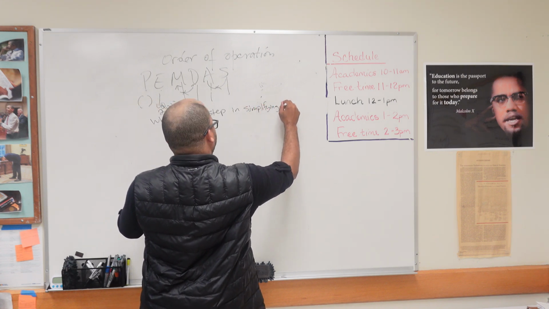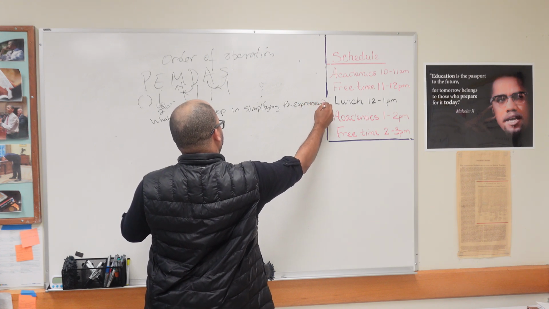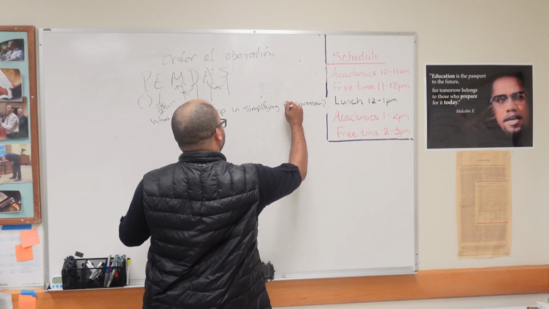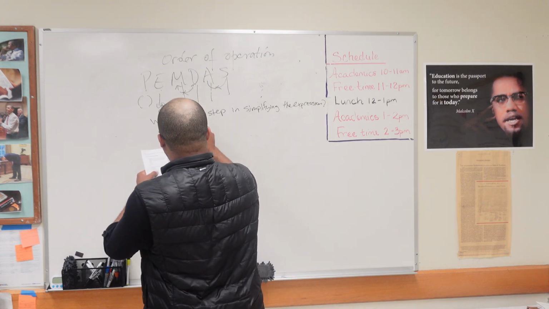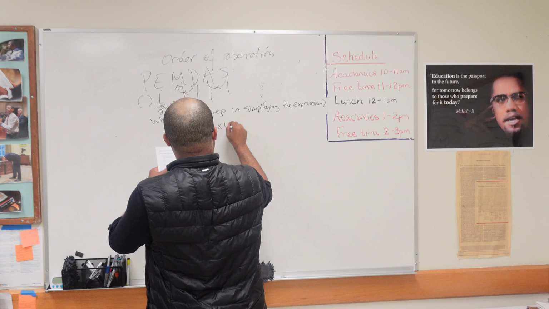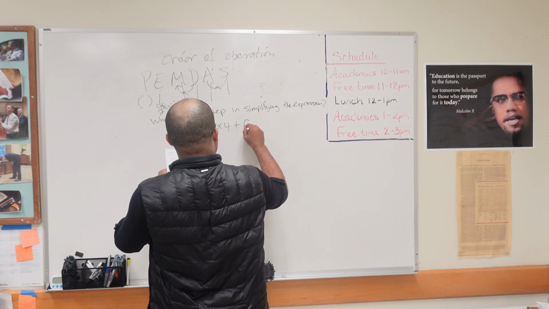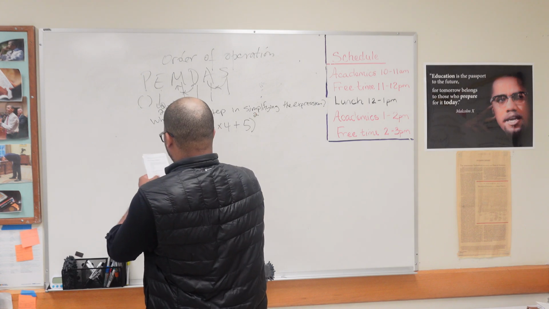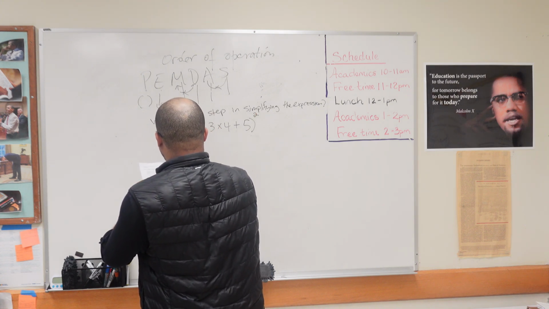simplifying the expression? So they don't ask you to solve it. They ask you to tell them which is the first step that you have to take. And then look what they do. They give you something that looks just like this. And it says, we have four choices.